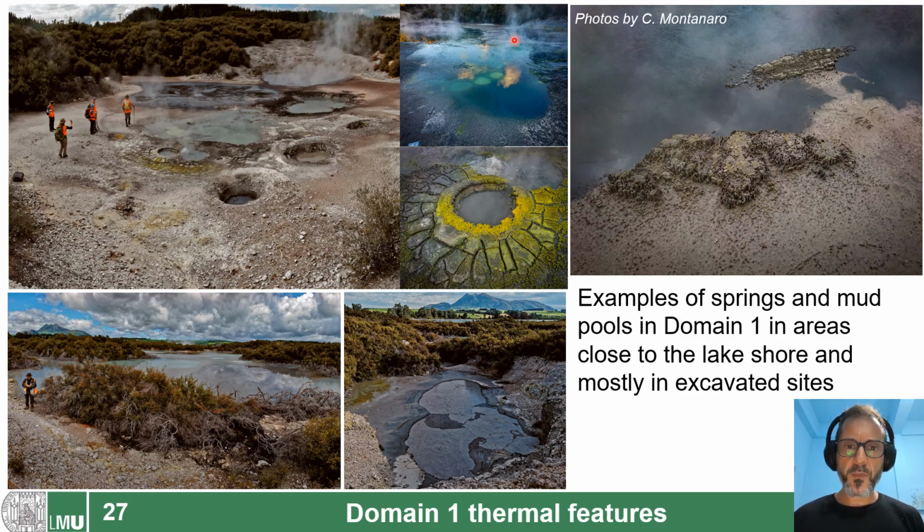And then we also have additional features in the close-by springs, where we have a mix of clear or greenish water springs combined with muddy pools in a kind of rectangularly shaped area, which is clearly another excavated feature. It's not easy to see from this example here, but when you see the map in plain view, it's quite easy to recognize.